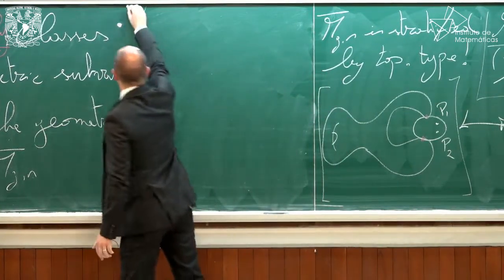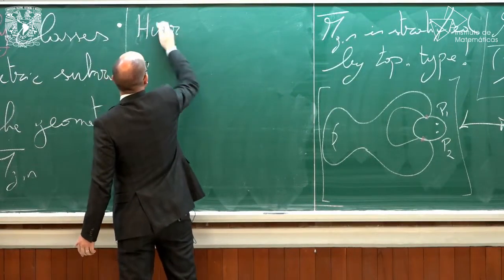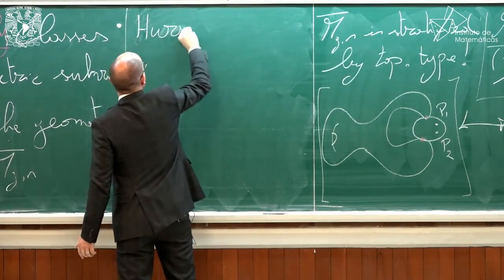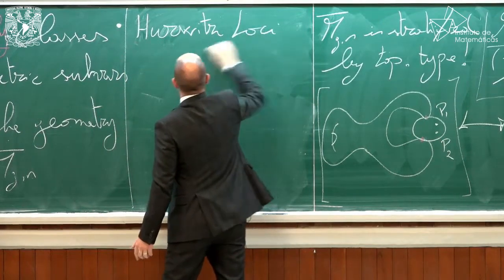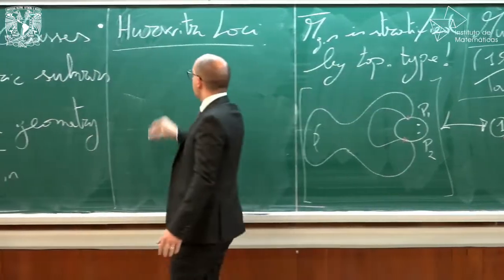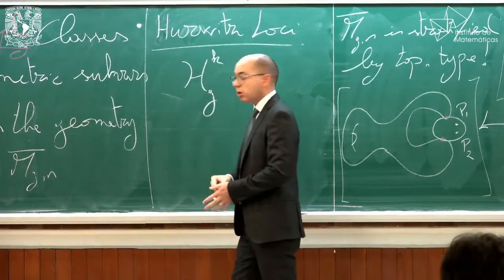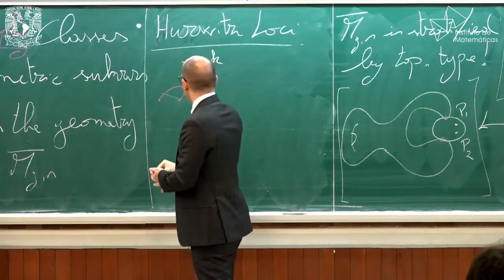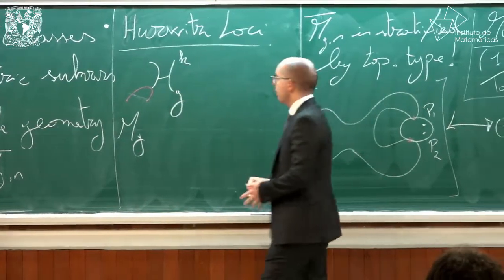I'm going to discuss the example of Hurwitz loci. Hurwitz loci, Hurwitz subvarieties. What are those? So I'm going to look at H_{k,g}. This is a locus, a subvariety of M_g. And it's defined in the following way.